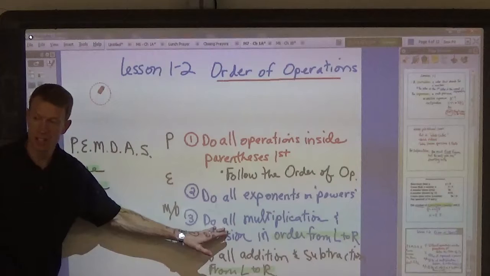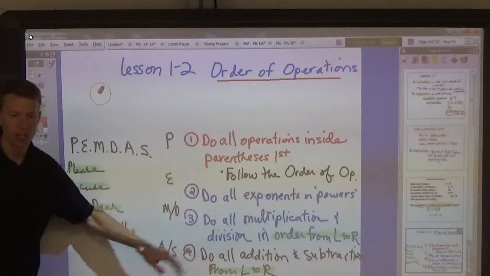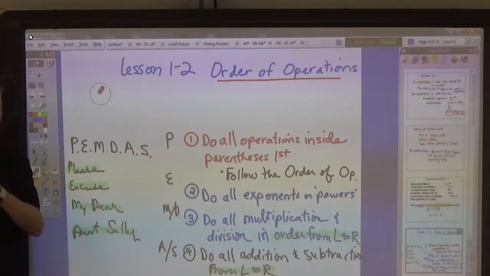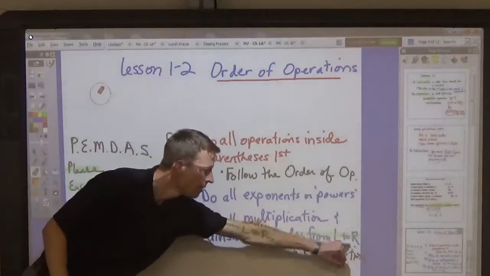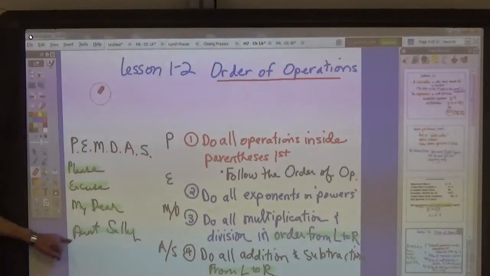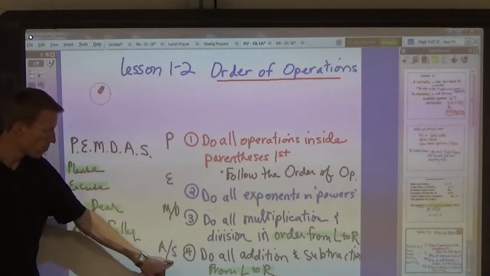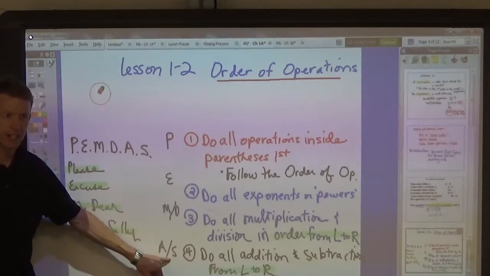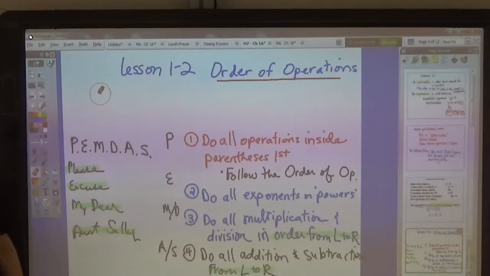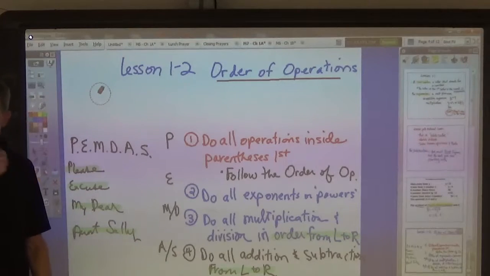Notice that that is all in the same step. So if there's division first, you divide and then multiply, because we work in order from left to right. And then Aunt Sally, AS, stands for subtraction and addition, or addition and subtraction. And again, if subtraction is first and then addition, you do that in order from left to right. Okay?